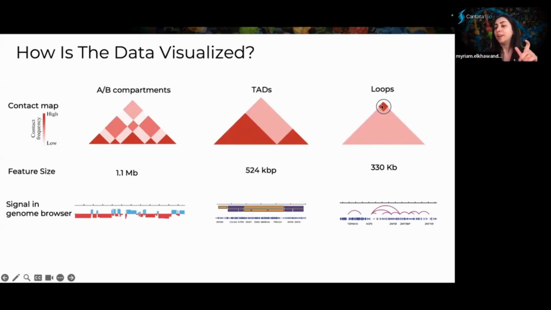Loops are usually seen as the apex of the triangle. And what this is saying is that this region and this region of the genome are interacting with each other. So there's that physical folding that's bringing together this region and this region. When you see it on a Genome browser, you're seeing the same thing, just a different representation.